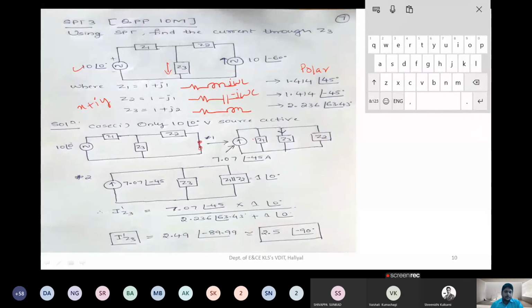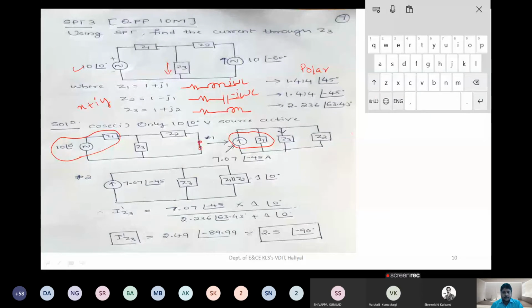Once you short circuit this, Z2 and Z3 are in parallel, and I have converted this voltage source and Z1 in series to an equivalent current source. The current source value you get is 7.01 at an angle minus 45, in parallel with Z1.